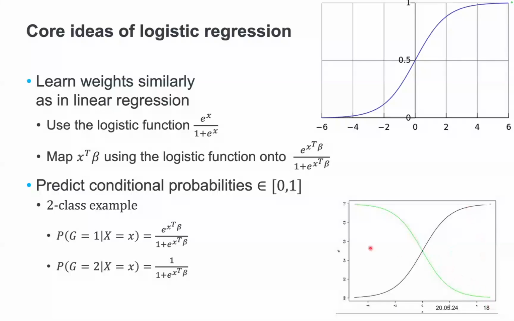The sum of these two functions always adds up exactly to 1. Obviously, you just add up this term, and then you have the same term in the numerator and in the denominator. So we now have a way to describe probabilities for classifying an object into one of two classes, and we have functions that allow us to describe probabilities. What we actually have to learn is only this beta.